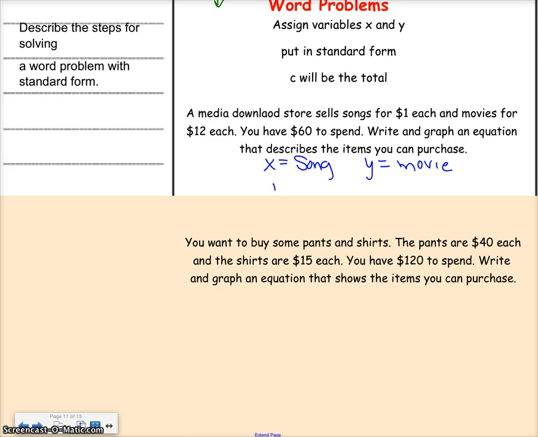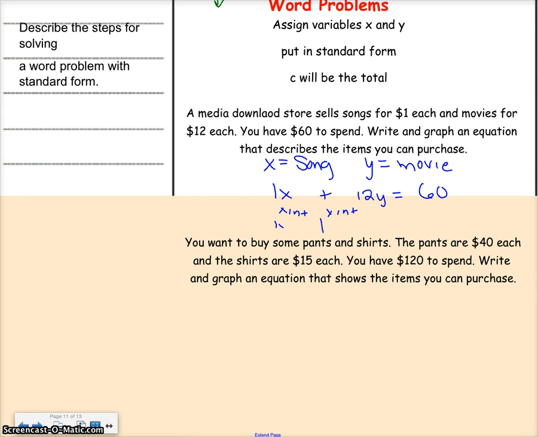So I have $1 for each song, 1x, plus $12 for each movie, 12y, and I can spend $60. That's my grand total. So $1 per song plus $12 per movie has to equal 60. And then you do your intercepts, x end, y end.